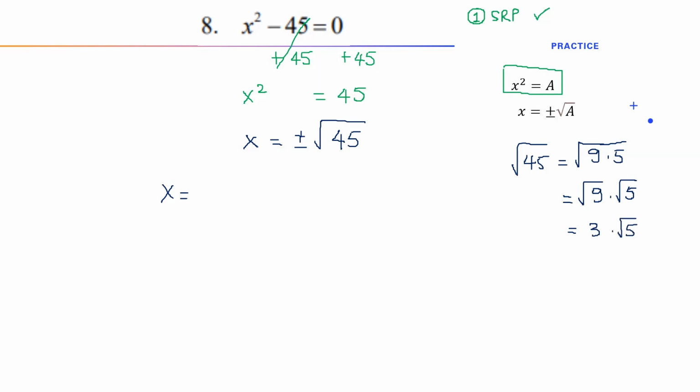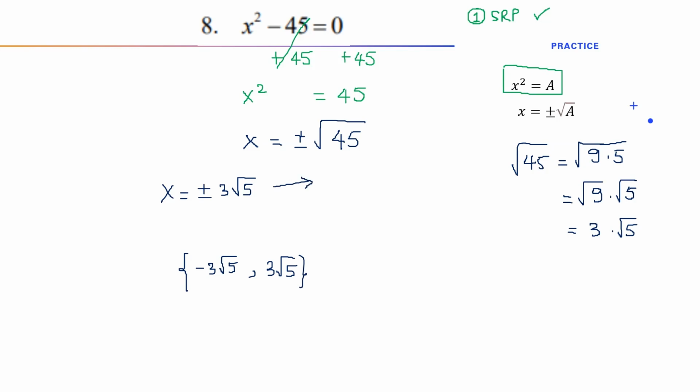So x equals plus or minus 3 square root of 5. Or you can write it as minus 3 square root of 5, comma, 3 square root of 5.